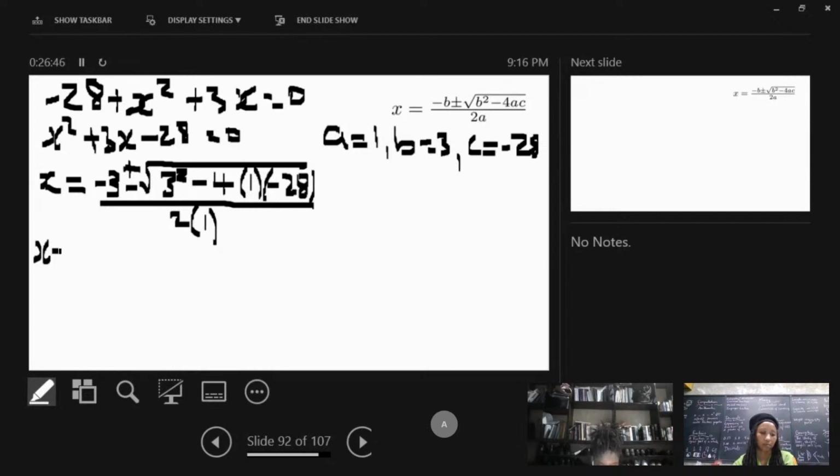X is equal to negative 3 plus or minus the square root of 9 minus, negative times negative is plus.